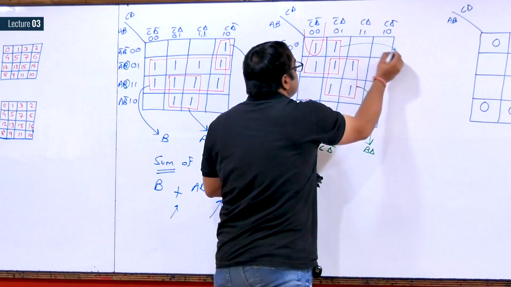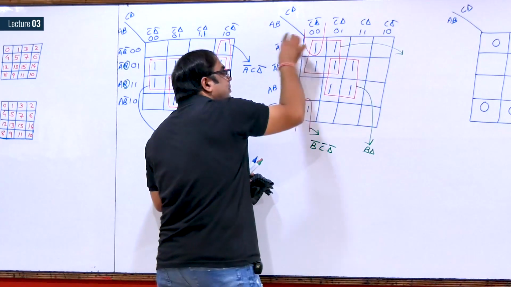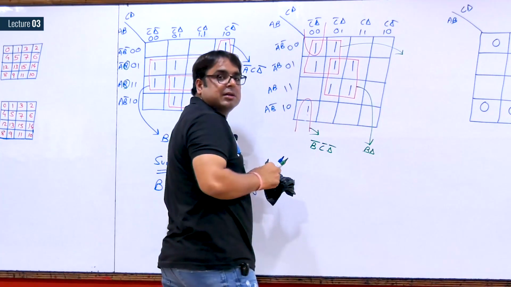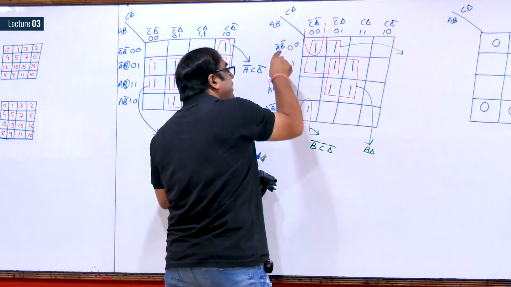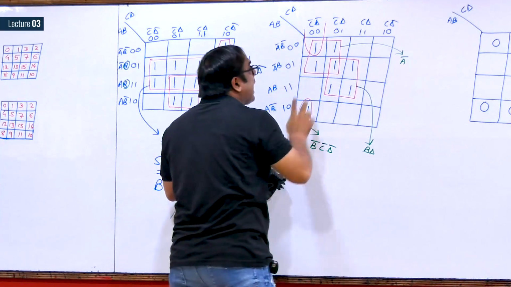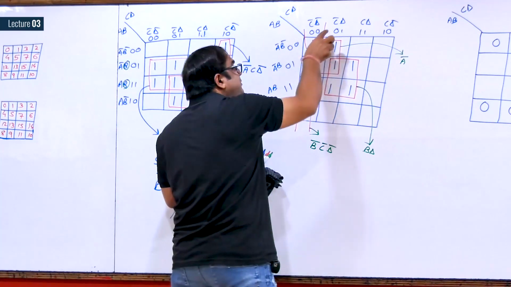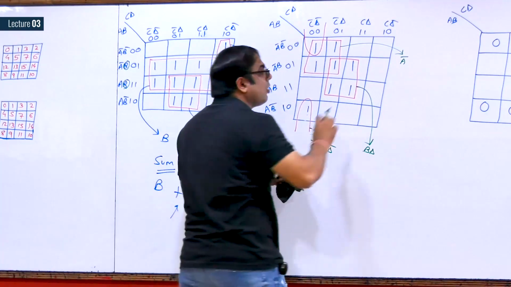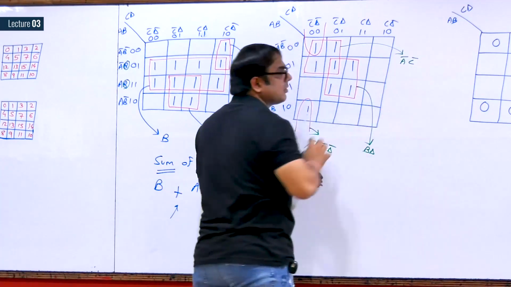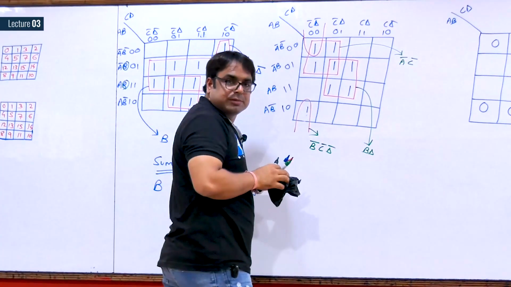What about this quad? From this side, A complement is common in this top upper quad. And in the upper quad, C complement is common.